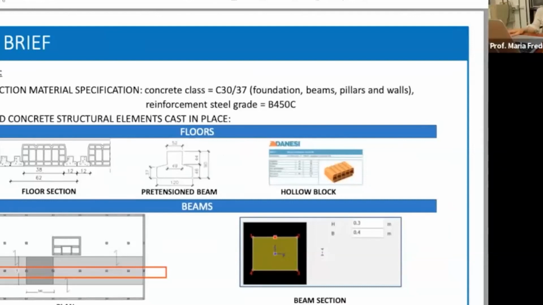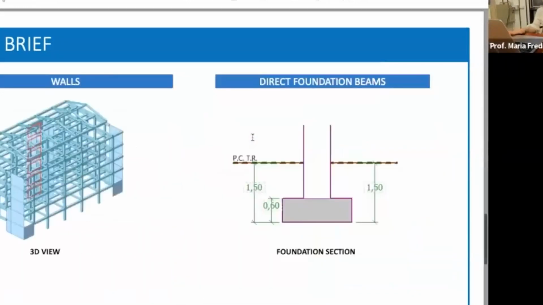For the material specification, we use the concrete class C30/37 for foundation, beams, pillars, and walls, and we consider B450C for the steel bars. So for the structural elements cast in place, we have floors, beams, pillars, walls, and the direct foundation beam.